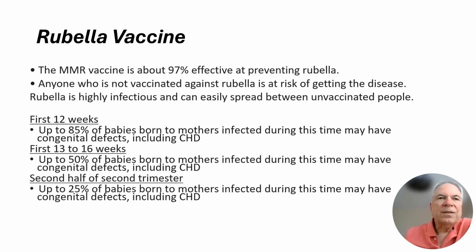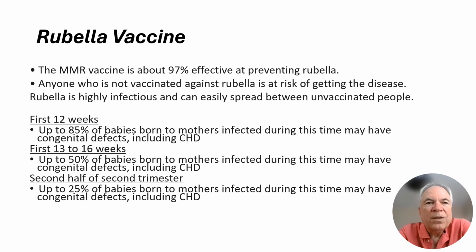So the vaccine against rubella is about 97% effective in preventing rubella. Anyone who's not vaccinated against rubella is at risk of getting the disease, and it's highly infectious and can spread easily between unvaccinated people. In the first 12 weeks, up to 85% of babies born to mothers infected during this time have congenital defects, including congenital heart disease.